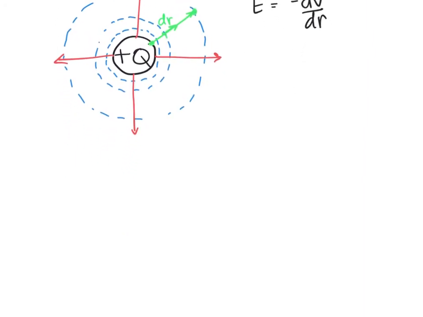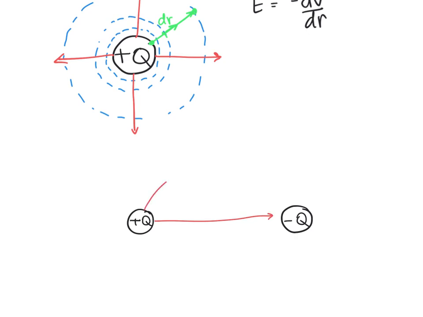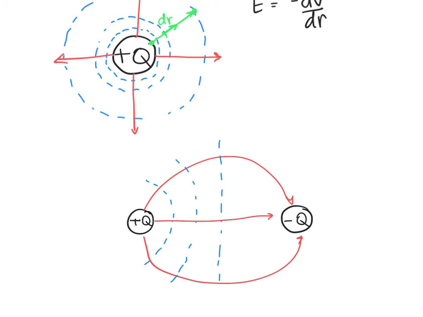Now if we have some arrangement of charge where maybe you have a dipole where you've got a positively charged object over here and a negatively charged object over here, we know from experience that electric field lines will run from positive to negative, and our equipotential lines will cut through perpendicular.